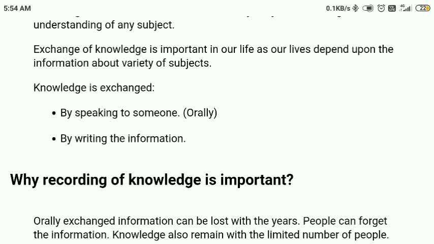So, by what ways can knowledge be transferred or exchanged with someone? Either by speaking, that means orally. Another way is writing the information, and that written part is referred to by someone. So, there are two ways through which we can exchange the knowledge.